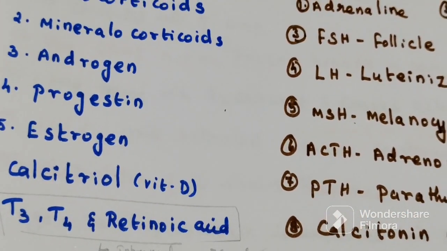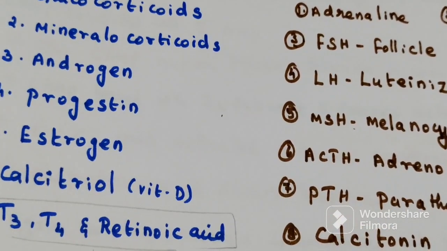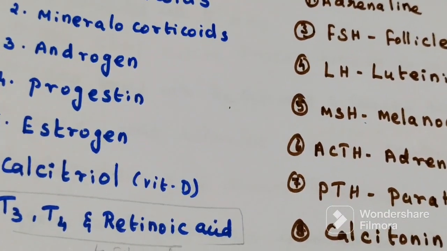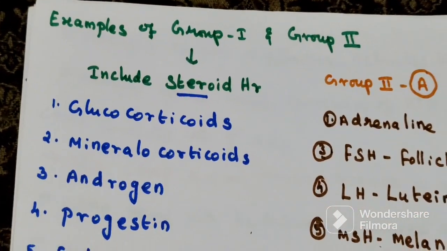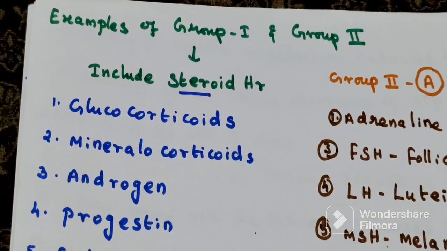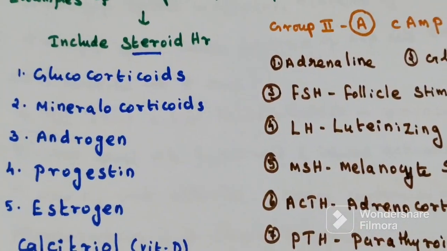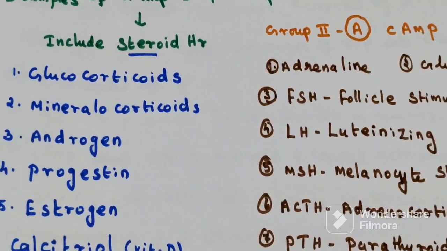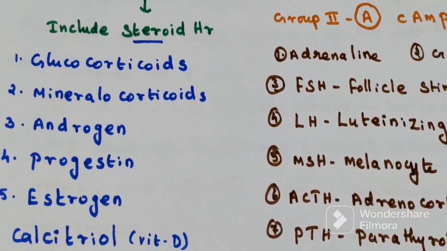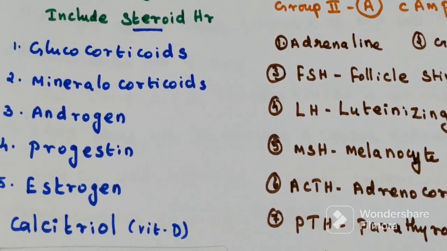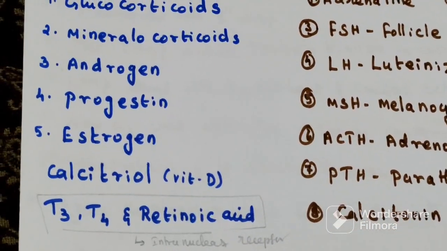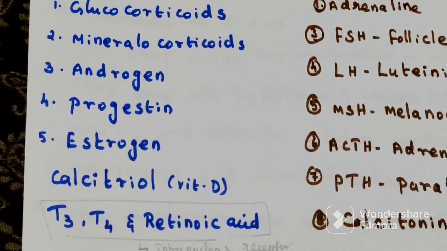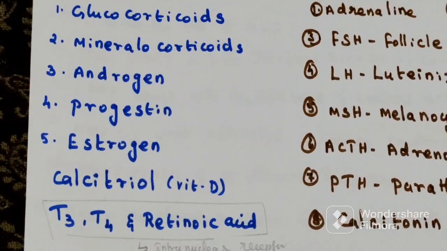The thyroid hormones T3, T4 and retinoic acid act through intranuclear receptors. So these are the group 1 hormone examples.